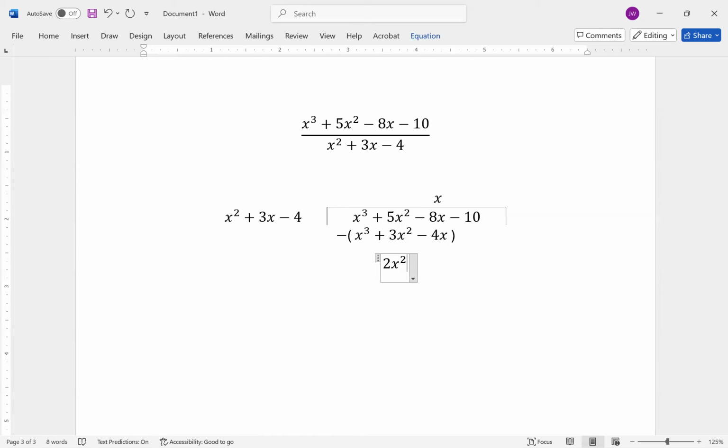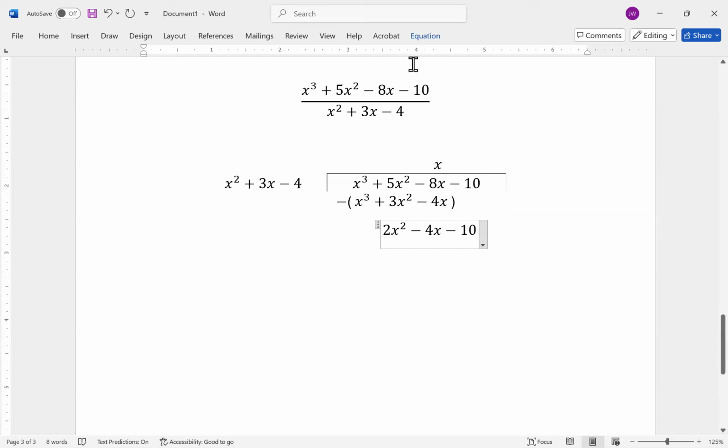Minus 8x minus a negative 4x becomes a minus 4x. And then the minus 10 doesn't have any like terms, so it just falls down. You'll often see a line when people do subtracting at this stage.